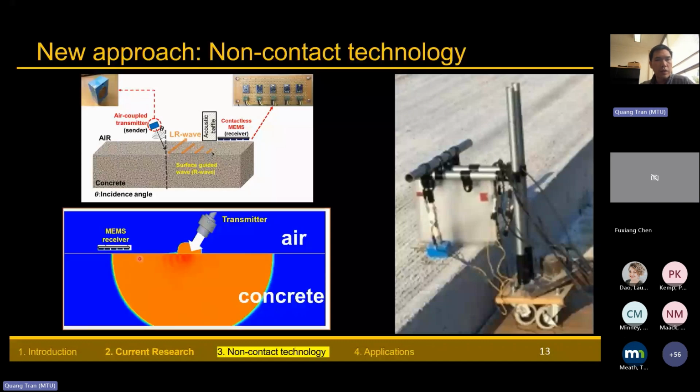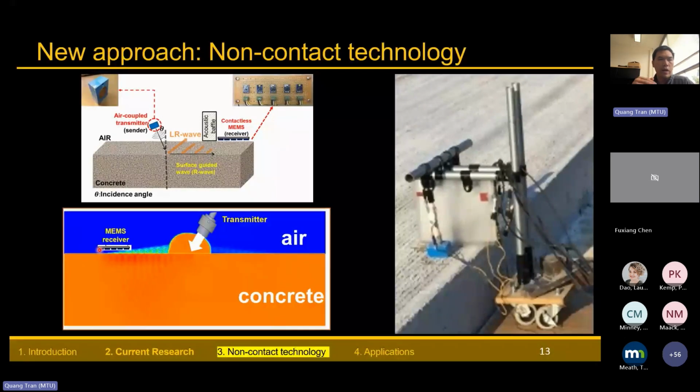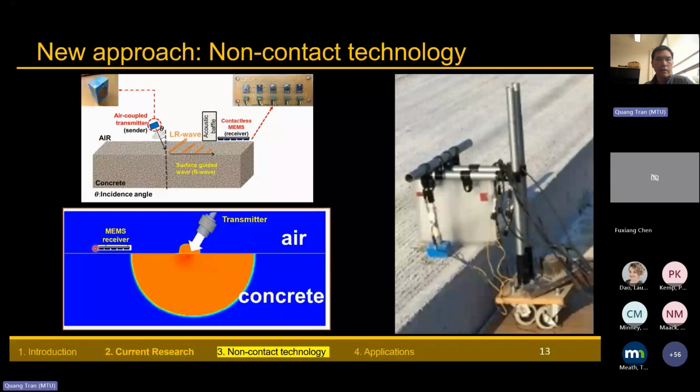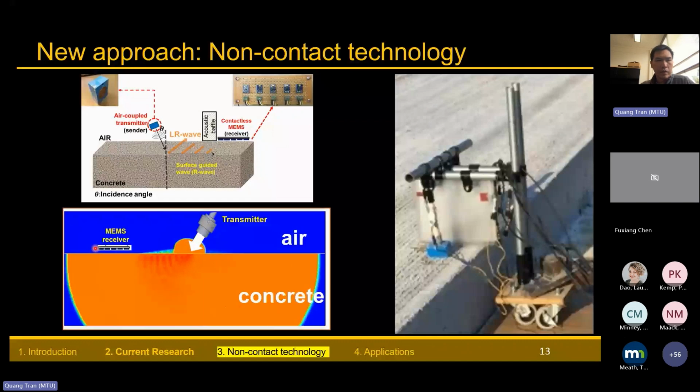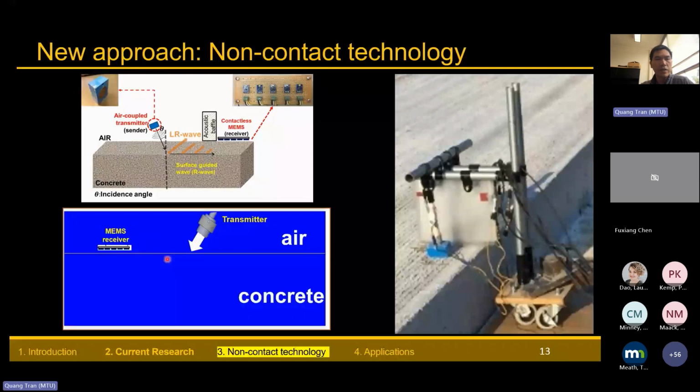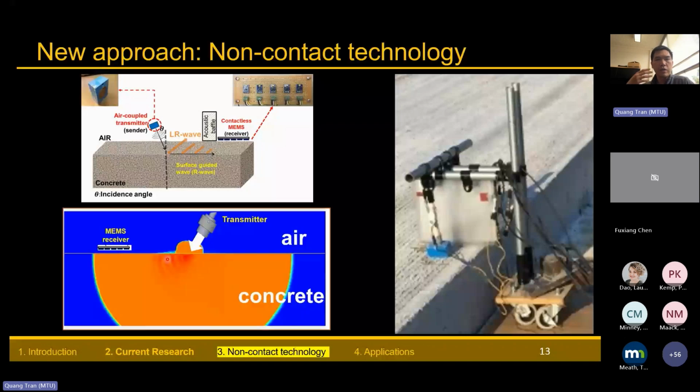And all we have to do is put the MEMS sensors off the ground in order to receive the signal. This wave interacts with the materials, and it carries some information about the material too.